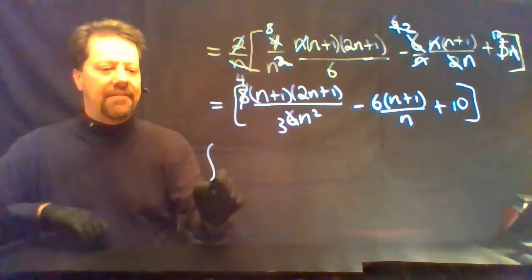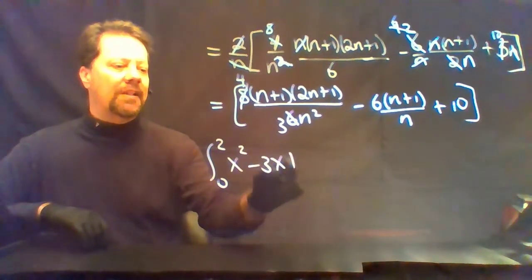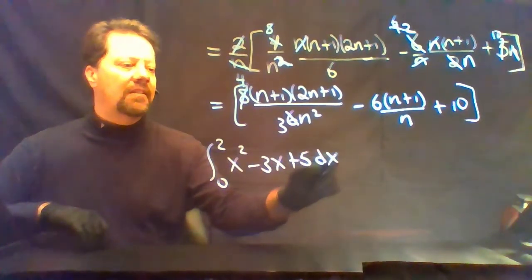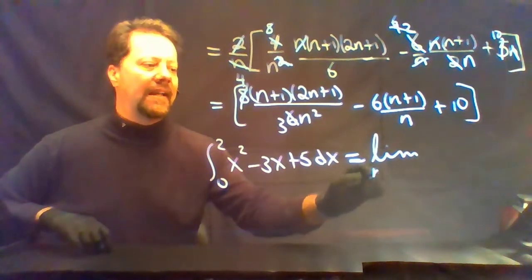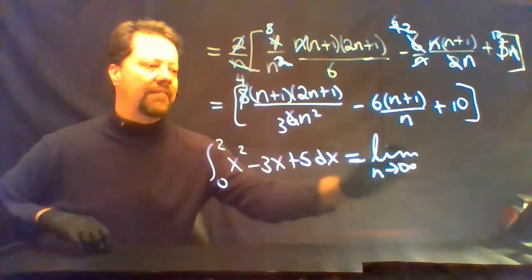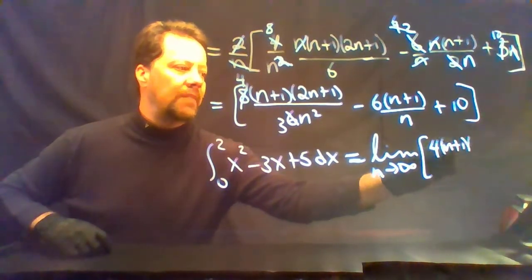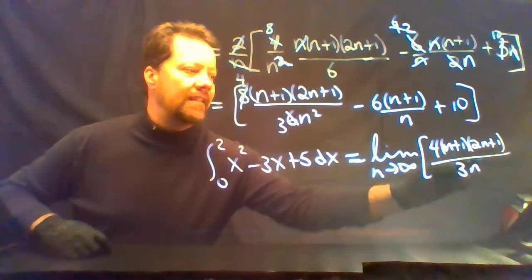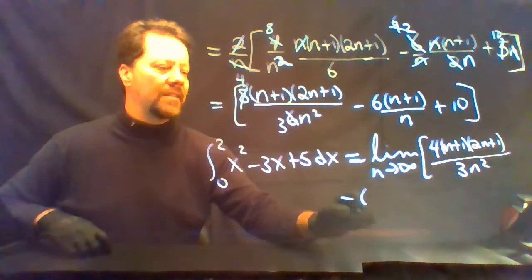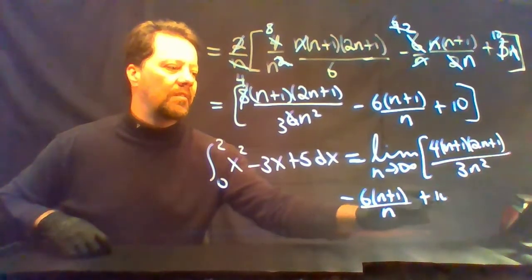Finally, we'll have the integral from 0 to 2 of x squared minus 3x plus 5 dx is equal to the limit as n goes to infinity of what we have above: 4 n plus 1, 2n plus 1 over 3n squared minus 6 n plus 1 over n plus 10.